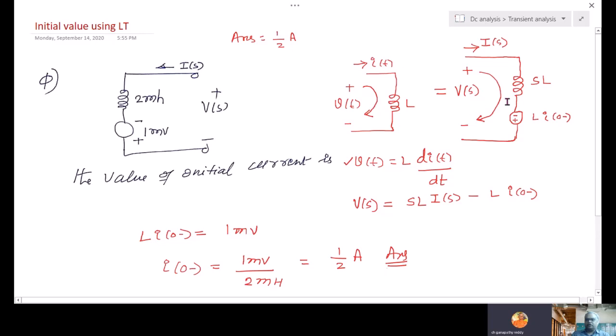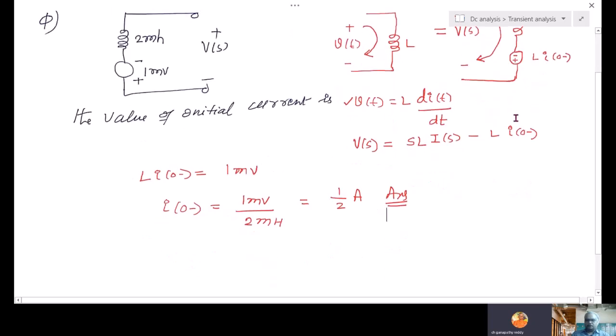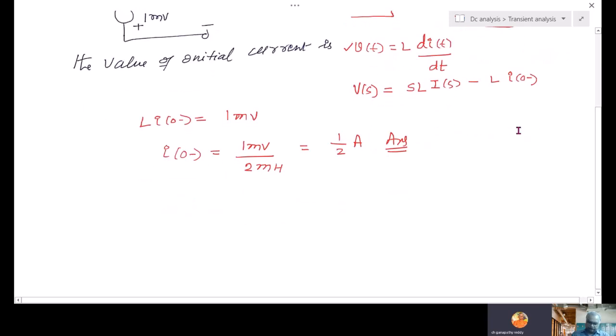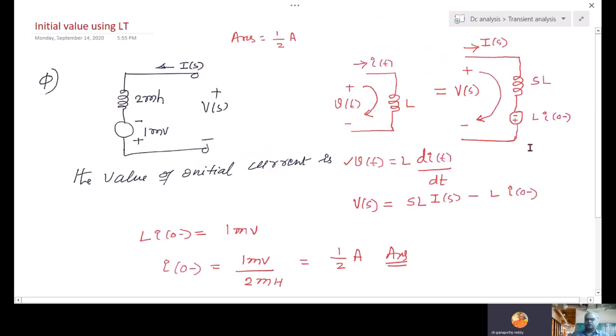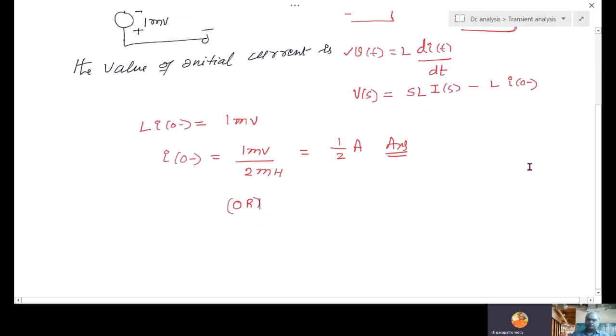This is in time domain, this is in frequency domain. Frequency domain, we can also represent in another equivalent. So this is in series form. What is the parallel form? If it is a parallel form, solve for I of s. Otherwise, I'll write one more step. SL I of s is equal to V of s plus L i0 minus.